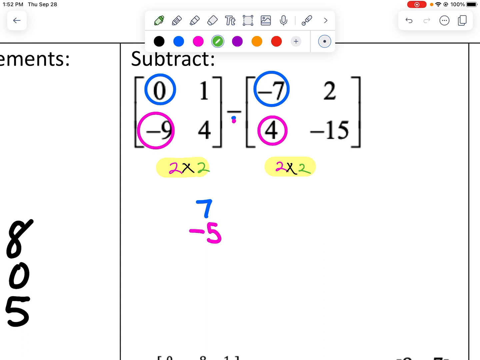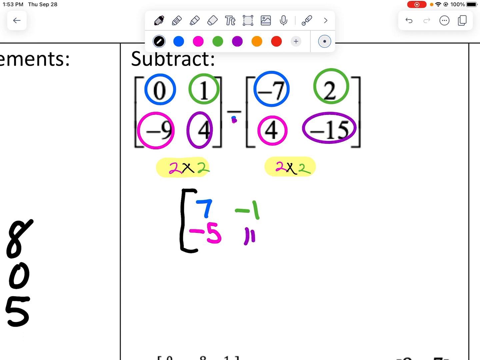Then you are going to take 1 minus 2, and 1 minus 2 is negative 1. And you are going to take 4 minus negative 15, and 4 minus negative 15 is 11. And then you're going to put the matrix marks on it. And there you have it. That's all there is to it.